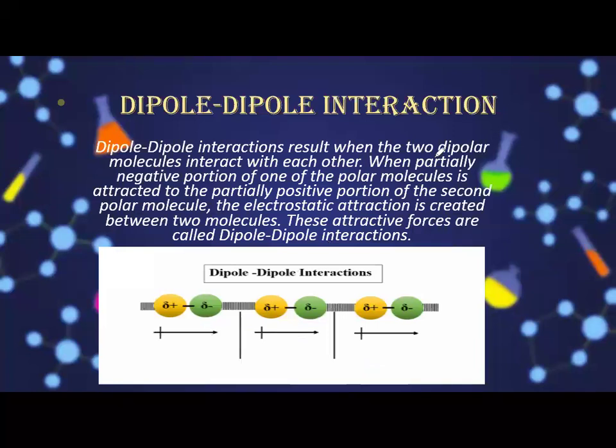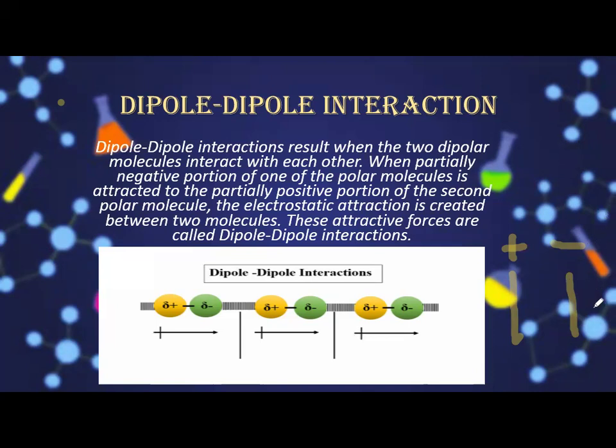Now, first of all, we have to know what a dipolar molecule is and why we are calling it dipolar. So, consider two electricity poles, one here and one here. This pole has a positive charge and this pole has a negative charge. So you know that positive and negative charges attract each other by the electrostatic force.